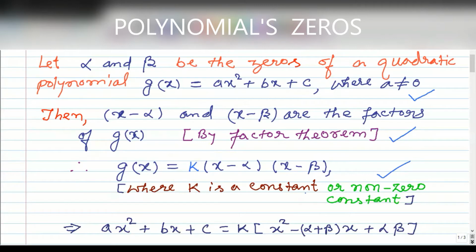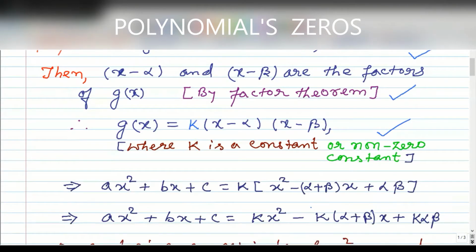Again, we have g(x) equal to ax square plus bx plus c, so on the left hand side ax square plus bx plus c equal to k times the product of the brackets. Splitting it with the help of the distributive property, we get k times (x square minus (alpha plus beta) x plus alpha into beta).